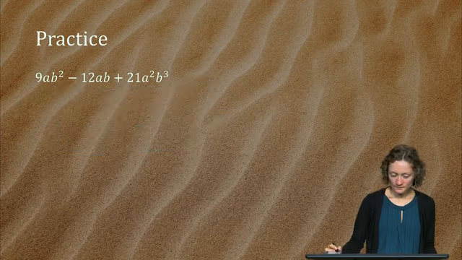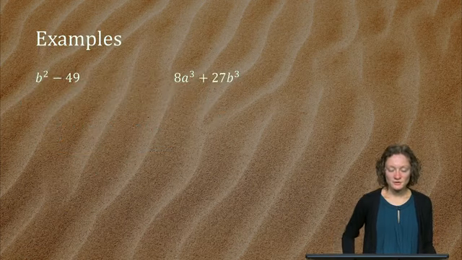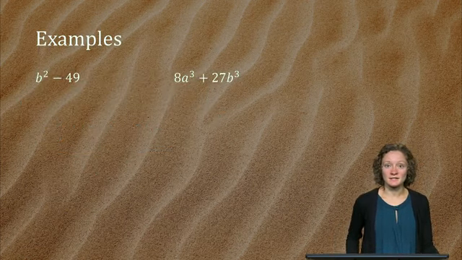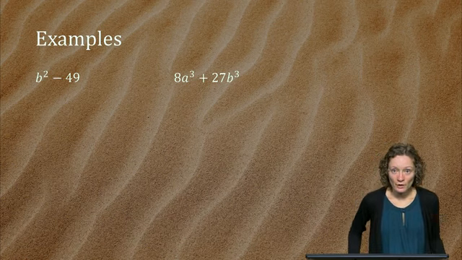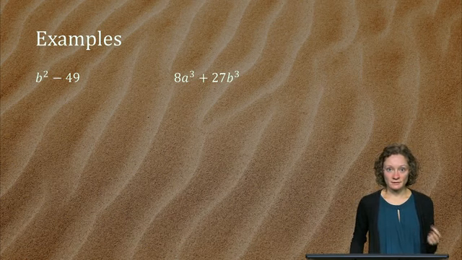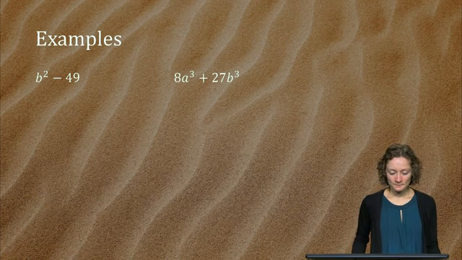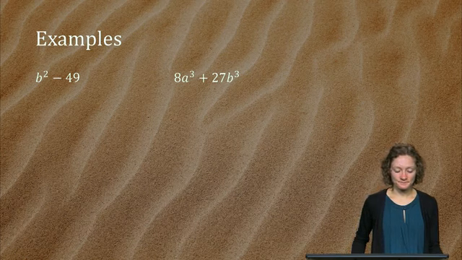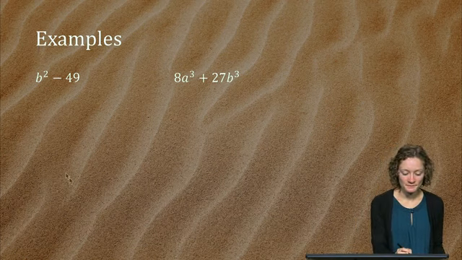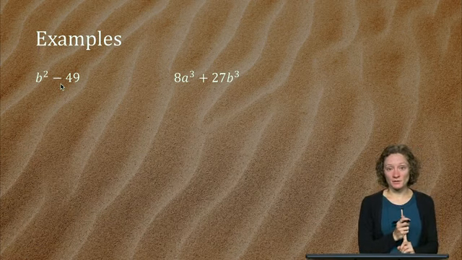Okay. All right, let's look at factoring using difference of squares and sum difference of cubes. If you don't have the formulas handy, go ahead and flip back to the page, maybe copy these down somewhere else so that you can reference them. Our first problem, b squared minus 49. So for this problem, we're looking to see, first of all, if there's a greatest common factor.